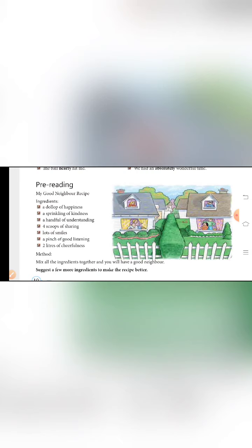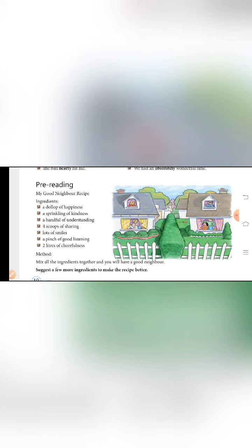A dollop of happiness, a sprinkling of kindness, a handful of understanding, 4 scoops of sharing, lots of smiles, a pinch of good listening, 2 liters of cheerfulness. So these are the ingredients which are required to be good neighbors, right? And what is the method? You have to mix them all, and then you will be a good neighbor.